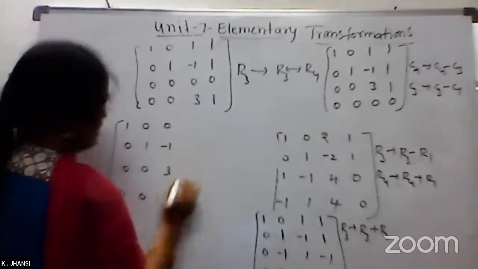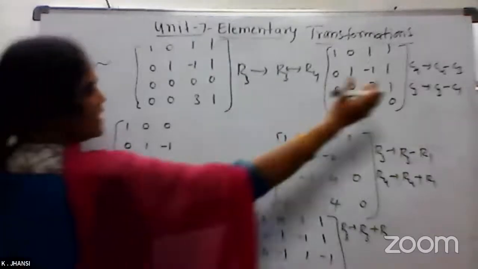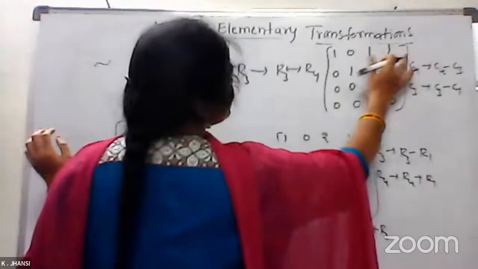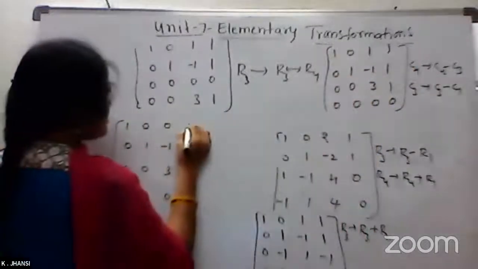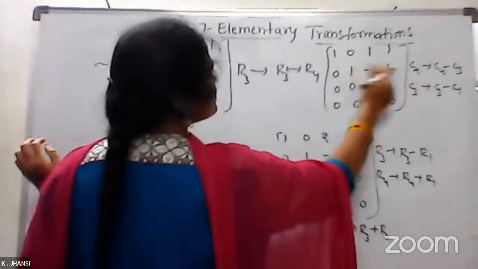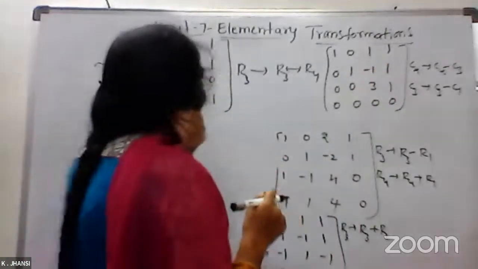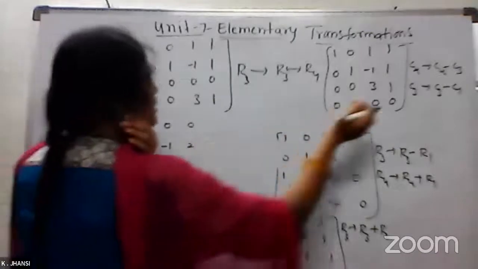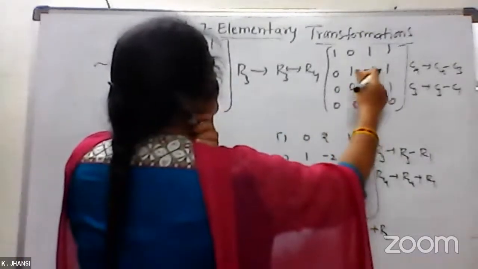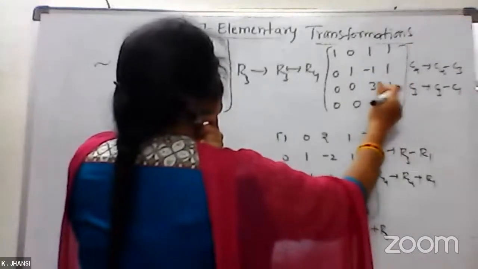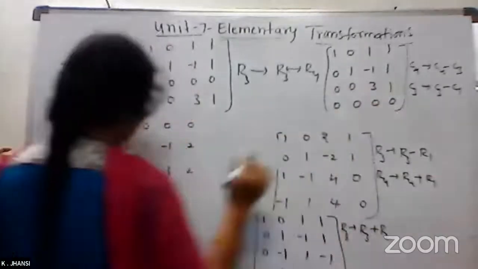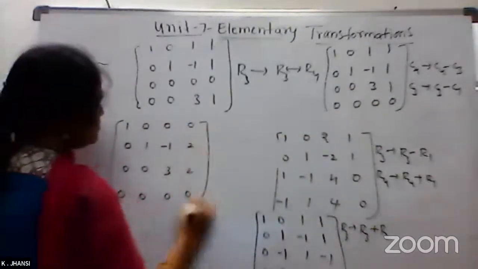Next 3. Next 0. Next C4 minus C3. So C4 minus C3 means 1 minus 1 is 0. 1 minus of minus means what you will get? 1 plus 1, you will get 2. Next these are zeros.